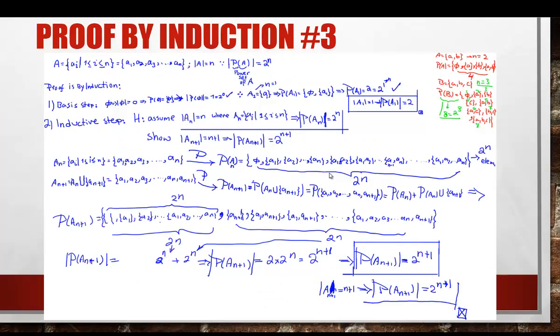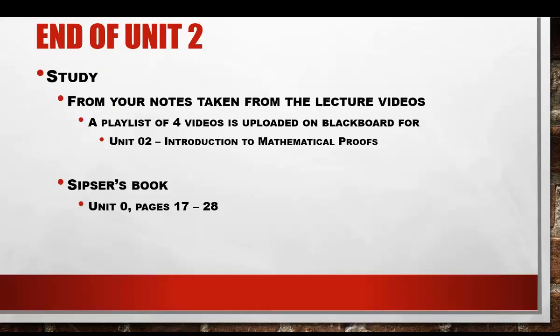All right, so now that we have these two examples, these two proofs, the proof by induction that the power set of a set with n elements has 2 to the n elements in it, and also the proof by induction of the compound interest in the payments on a loan, this concludes our second unit.